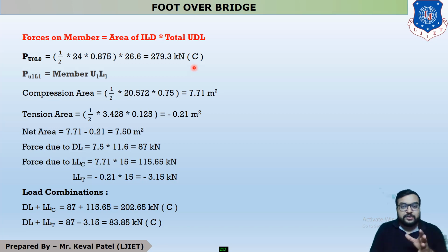After assuming the slenderness ratio, you have to find out AE, and after finding out AE, you have to provide more AE than the required, and you have to try one section, and whenever this section takes the maximum load, which is 279.3, then it is your final section.